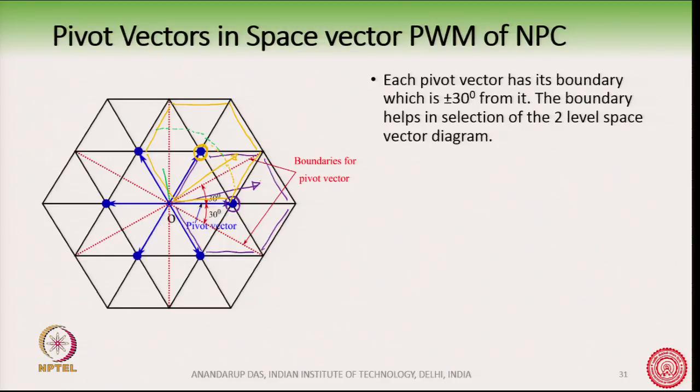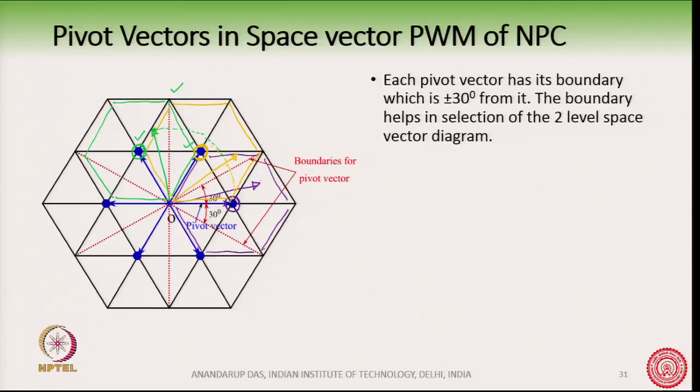Once it goes to here, then this will become the hexagon with this as the pivot vector, that is, the starting and ending vector will be here, and for this position we will switch this one and this one.